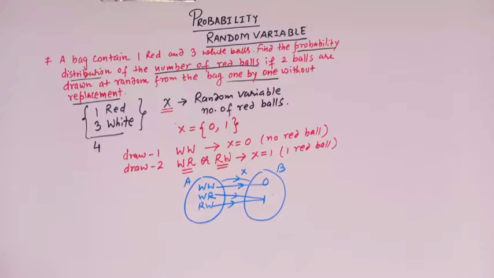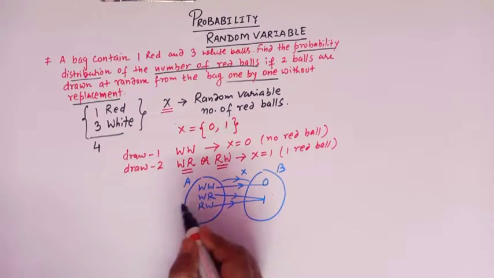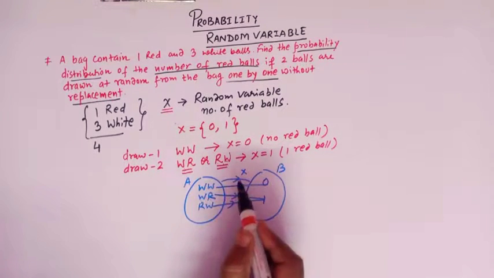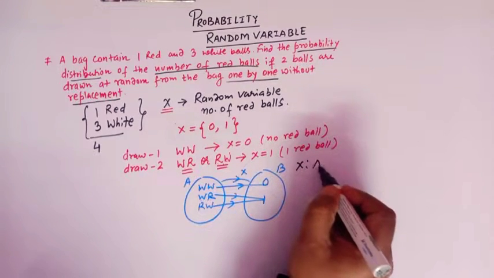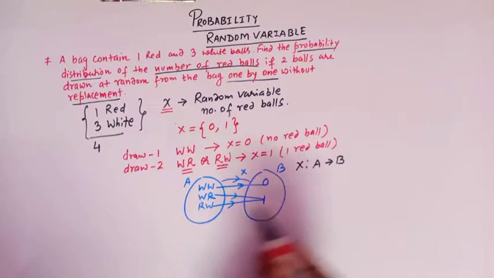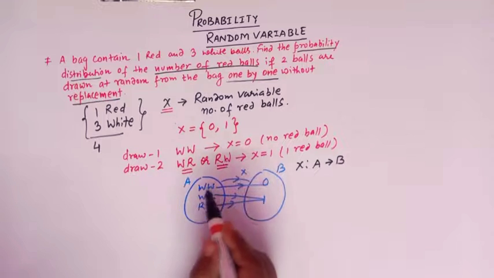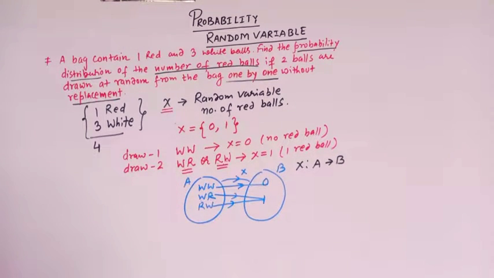Okay, so now this is the diagram of this random variable, which is a function from set A to set B, right? And the domain of this x is these three events, right?